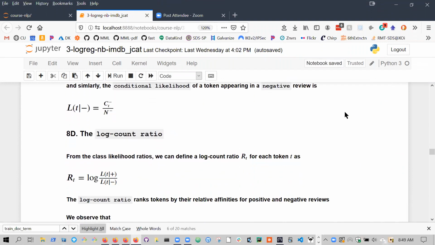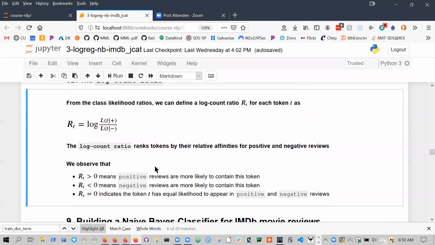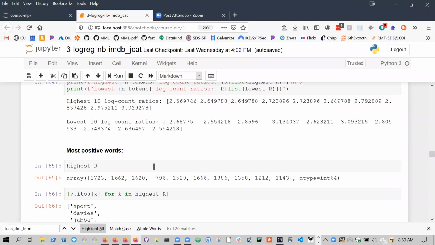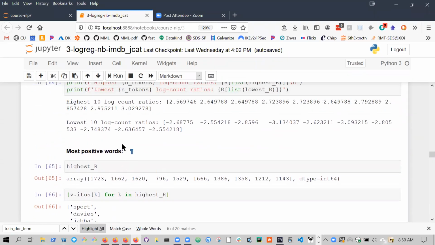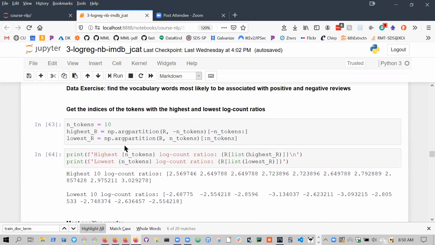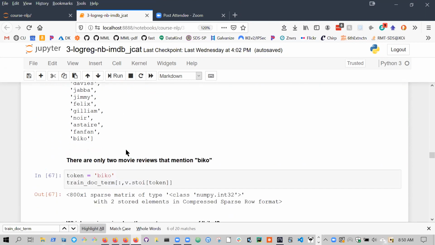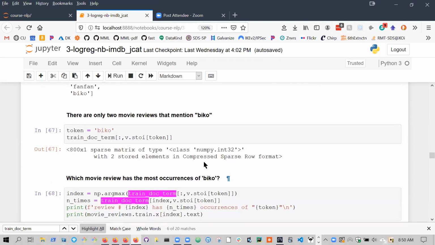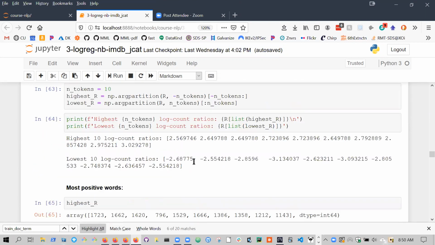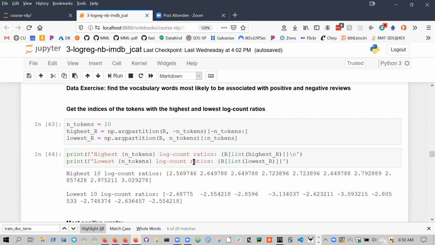Because before we started the class, I ran the notebook all the way through to completion, where at the end of the notebook, it was dealing with the entire database. And that's why when I look at the numbers in that document term matrix, it doesn't look right. That's because it's the document term matrix for the entire database.